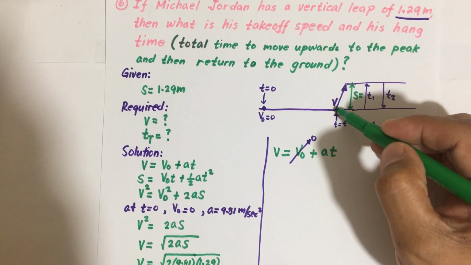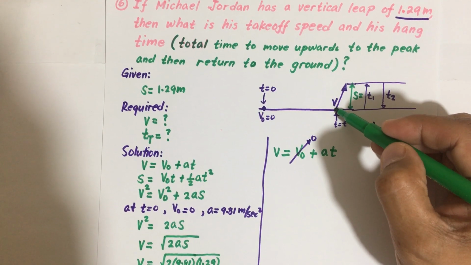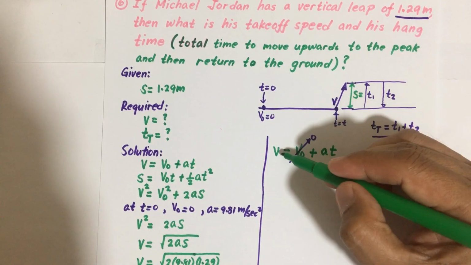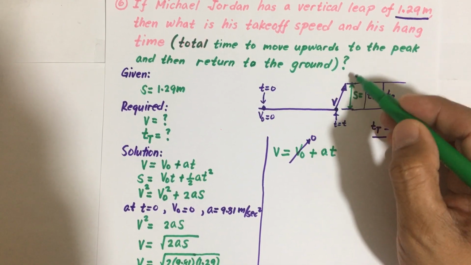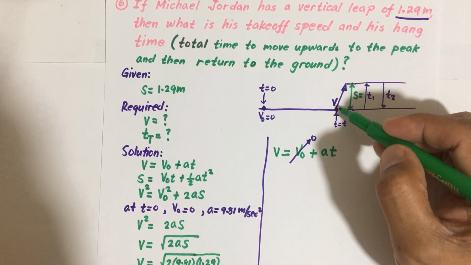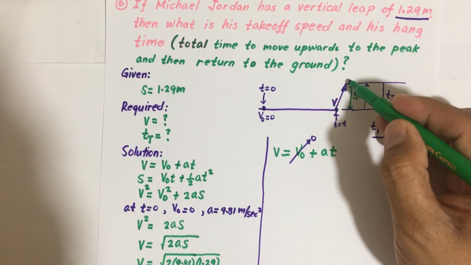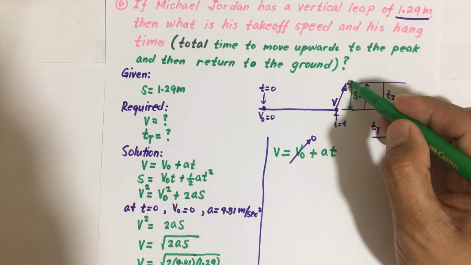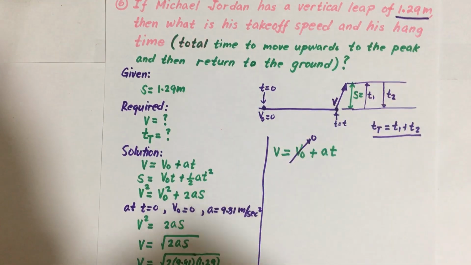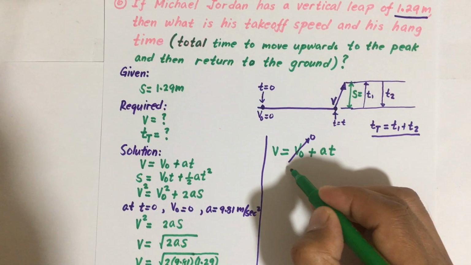So this is our velocity, the final velocity when Michael Jordan takes off. And then when he reaches the top and is going down, this will be our initial velocity, which is equal to 0. So we can solve for t here.